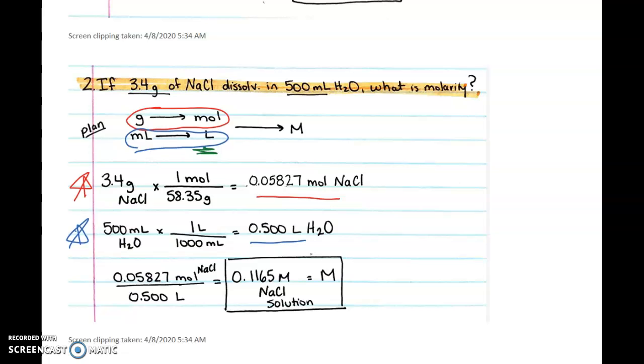And then what I'm doing in this bottom one is I'm doing my actual equation, and of course I didn't write it down.